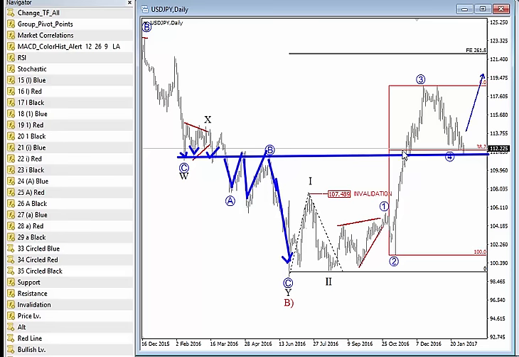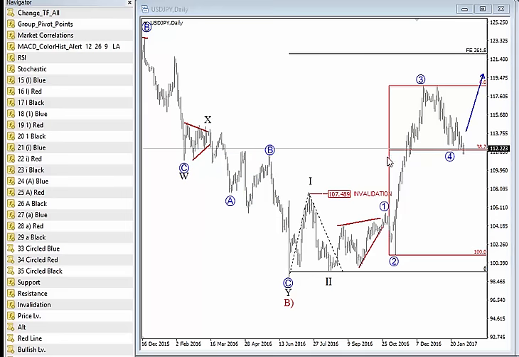Now here you have seen a breakout above this same level and then a small reversal back in, at the start of December or so. Then we saw a push to the upside, and now again we are at this same level.